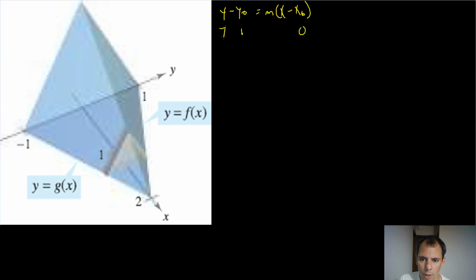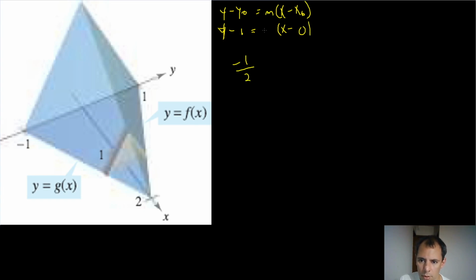So it's going to be y minus 1 equals x times the slope, which is the rise over run from this point to this point. The rise is minus 1, because y is decreasing by 1, and the run is 2, so it's just minus a half.